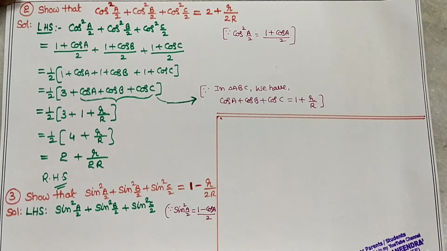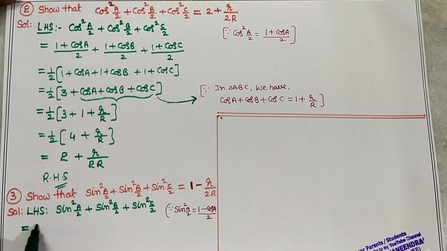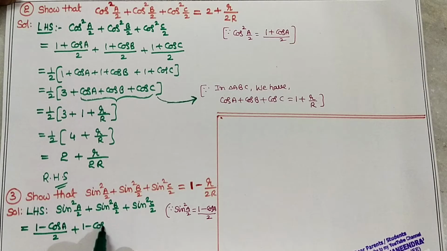Even like this we can proceed, but we have a direct formula, so why do it like this. So sin square A by 2 can be written as (1 minus cos A) divided by 2, sin square B by 2 is (1 minus cos B) divided by 2, and sin square C by 2 means (1 minus cos C) divided by 2.